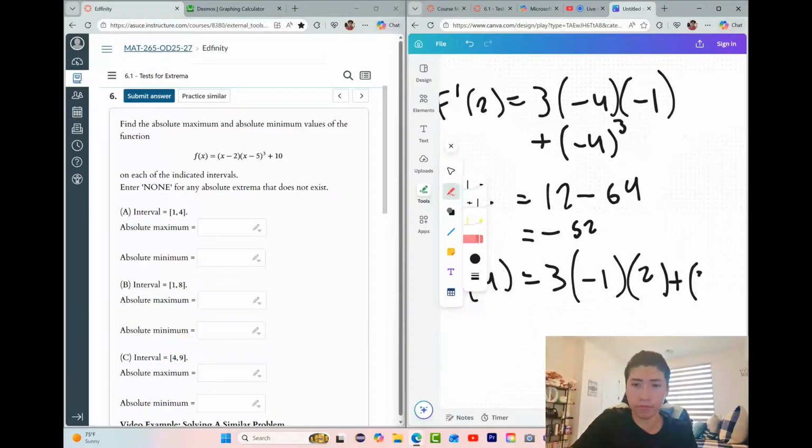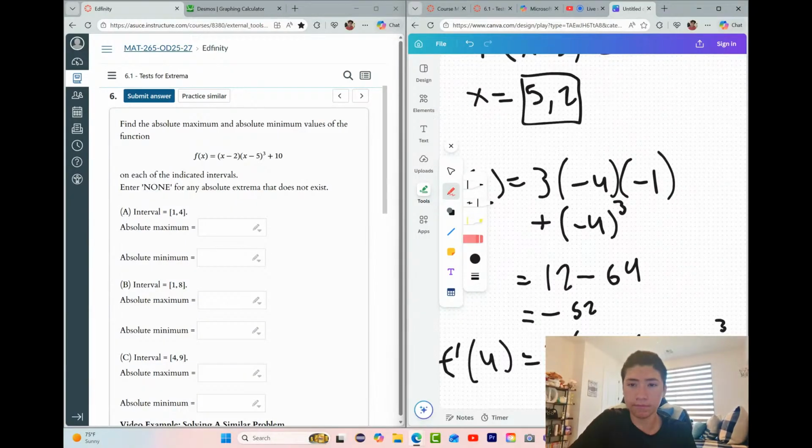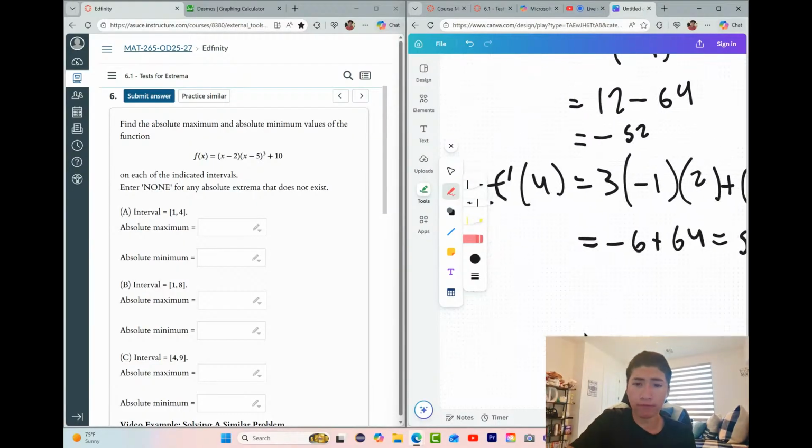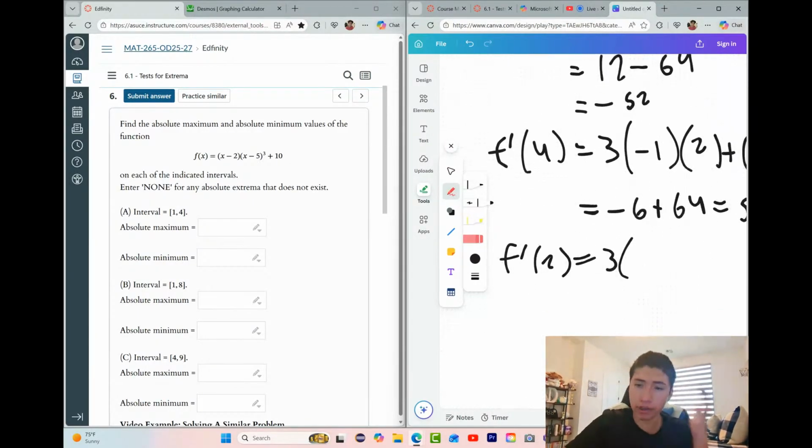Plus 4 cubed. So here we have negative 6 plus 64 equals 58. Gotcha. And now f prime of 2. F prime of 2, that's going to equal 3 times, hold on, x minus 5 and then x minus 2.